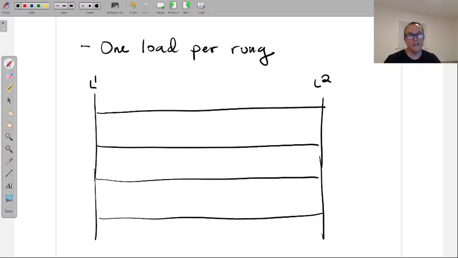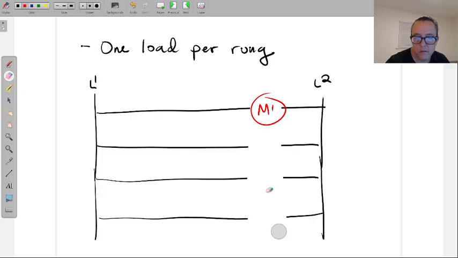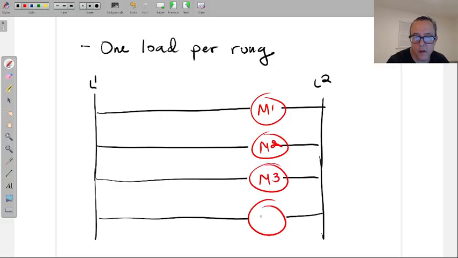So everything that is going to be energized, that is going to cause motion or close circuits or start motors, is a load and it deserves a rung. For example, if I have motors 1, 2, 3, 4, 5, 6 that are about to get energized, motor 1 goes on one rung, motor 2 goes on another rung, motor 3 goes on another rung, motor 4 goes on another rung.